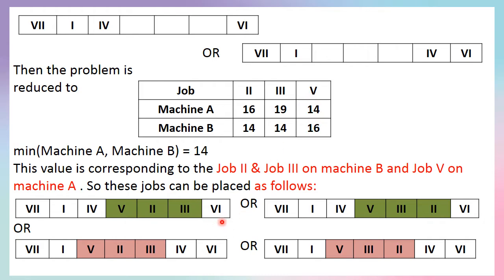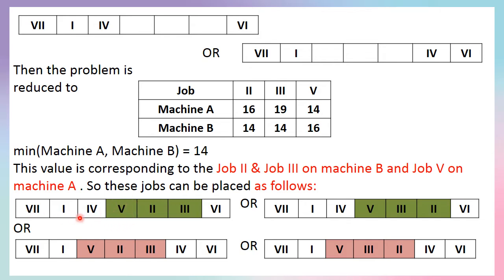So we have different sequences. In the previous step we got two different sequences, and we have to use these two sequences and make new ones. Considering the second and third jobs on machine B, we have to place the second and third from the last, and the fifth job is remaining, which can be placed in the remaining position.